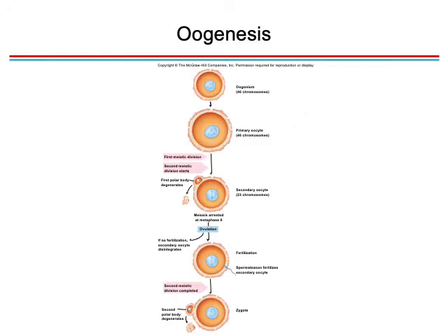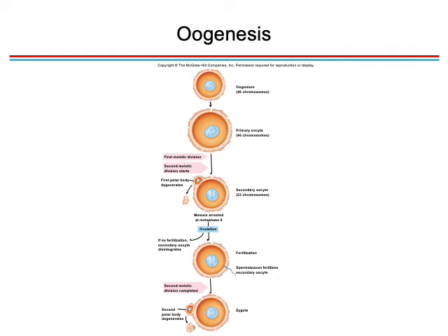So let's look at oogenesis, shall we? Again, like spermatogonia, you have oogonia in the fetal female, and prior to birth, the oogonium via mitosis duplicates itself. We have a couple of million.